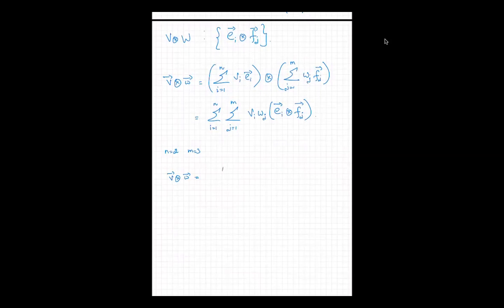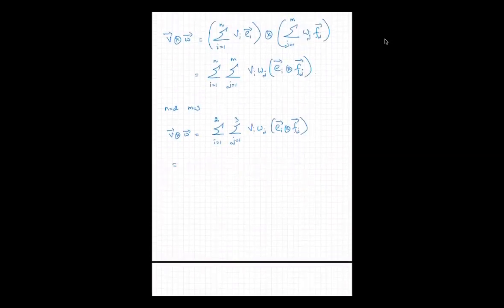So in this case, this is i equals 1 to 2, j equals 1 to 3, Vi Wj Ei cross Fj, right? The way you do this double sum, which might be easy to you, but I'll just work it out in any case.